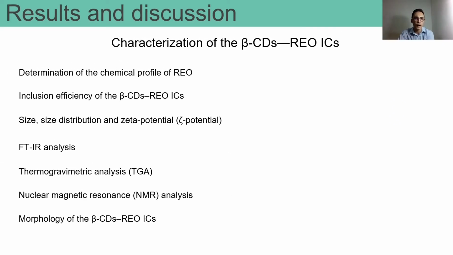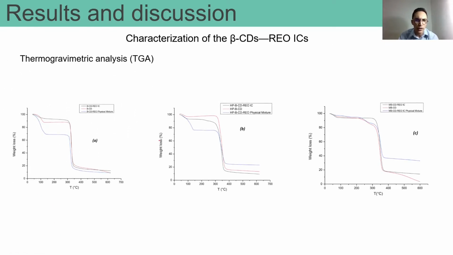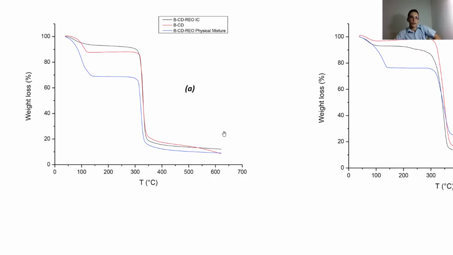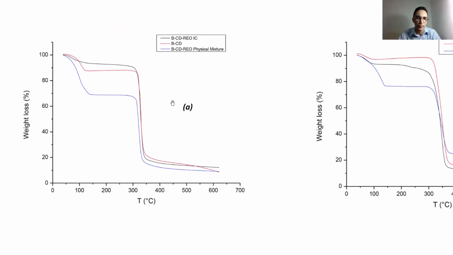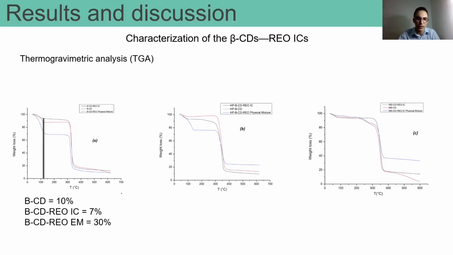The other part we're going to talk about is the thermogravimetric analysis. Looking at that, we can see some differences, and in this picture we see the mass loss as time goes up. So we see that we have some difference.